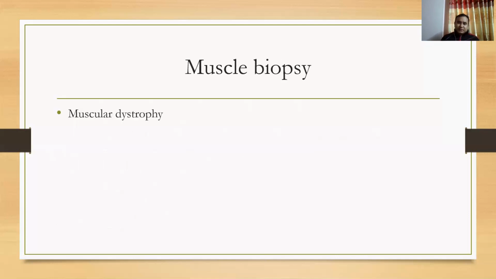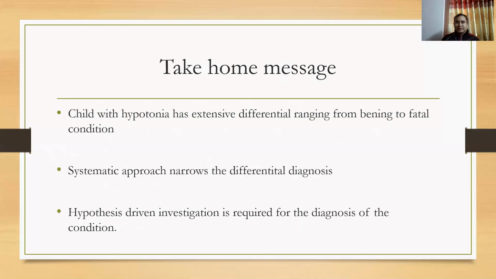Muscle biopsy is usually not required, but only in case of muscular dystrophy is it required. So the take-home message from today's presentation is, if you see any child with hypotonia in our day-to-day clinical practice, there is an extensive differential diagnosis ranging from very benign conditions to fatal conditions.